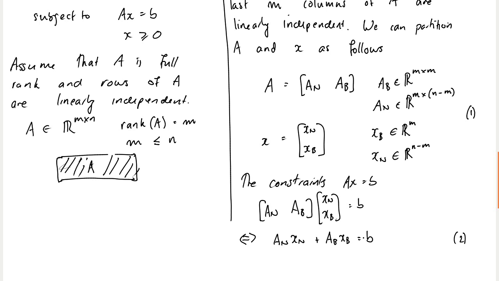Now, we know that A_B is invertible, so one way we can get a solution to this is to make x_N equal 0. Because if x_N equals 0, all those n minus m entries are equal to 0, then we can just solve the equation A_B x_B equals b for x_B.